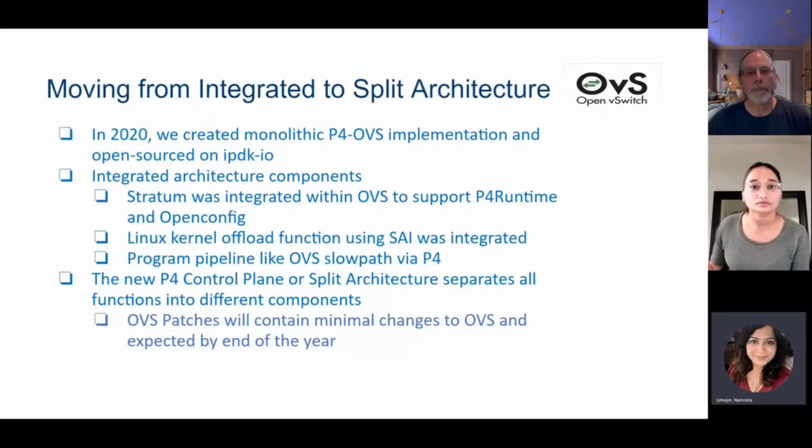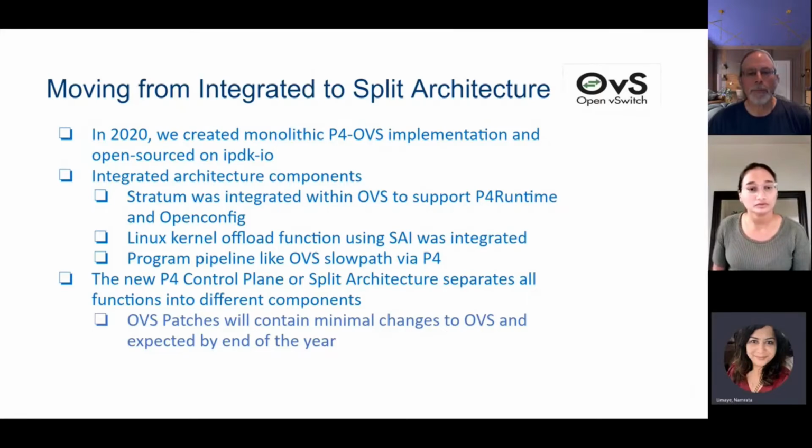So, moving from integrated to split architecture. In 2020, we created the first monolithic P4 OVS implementation within IPDK.io, and we open sourced that in October. This implementation introduced a new layer parallel to OF Proto, which was called P4 Proto.